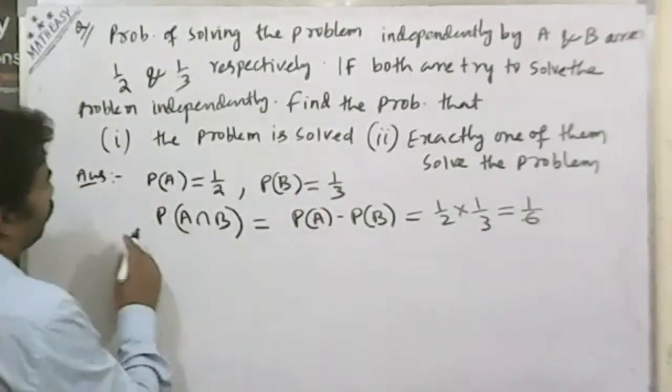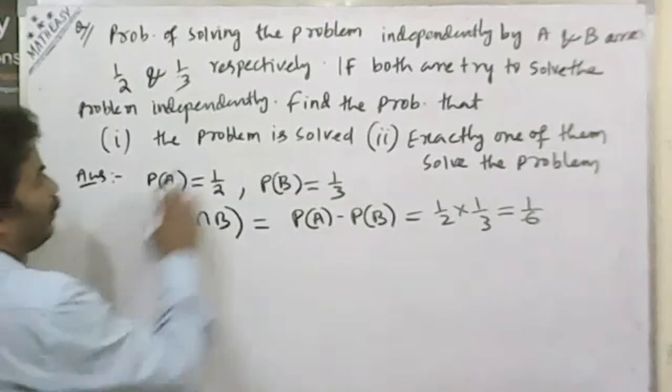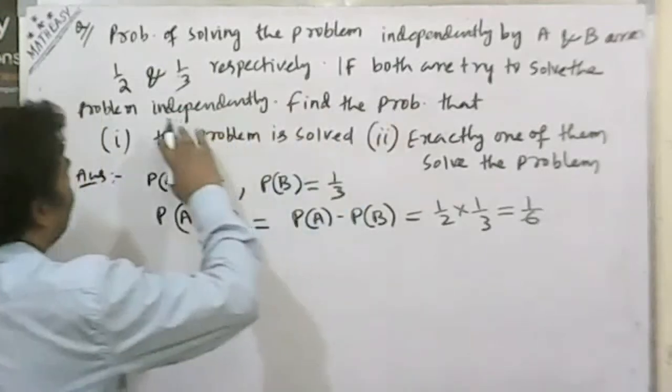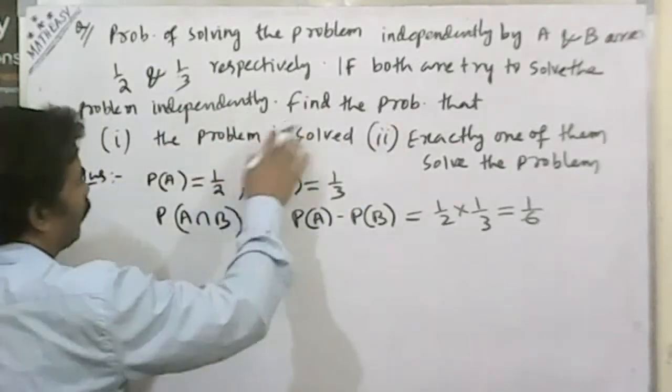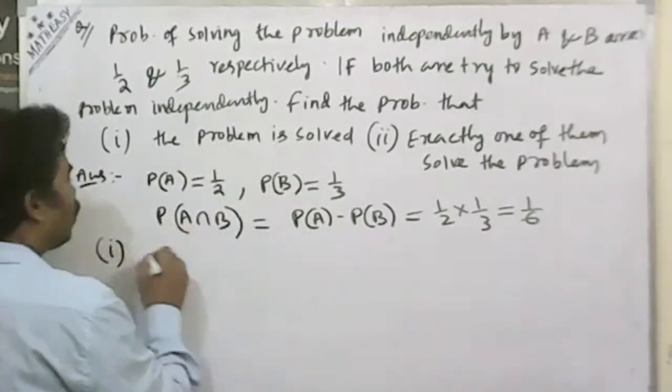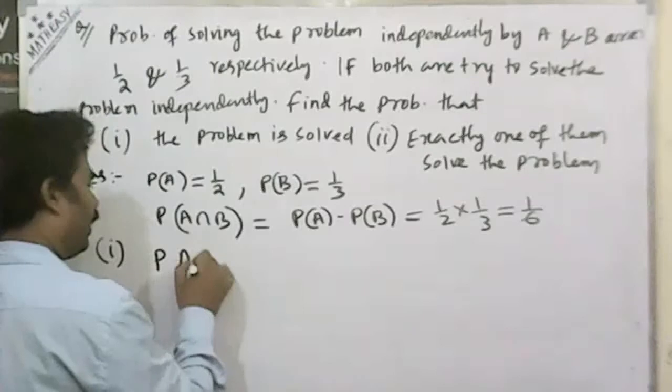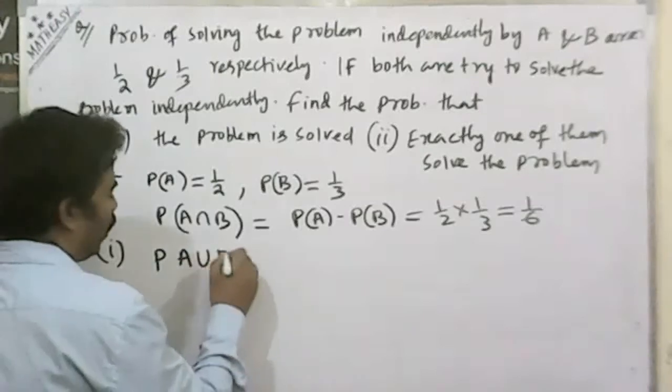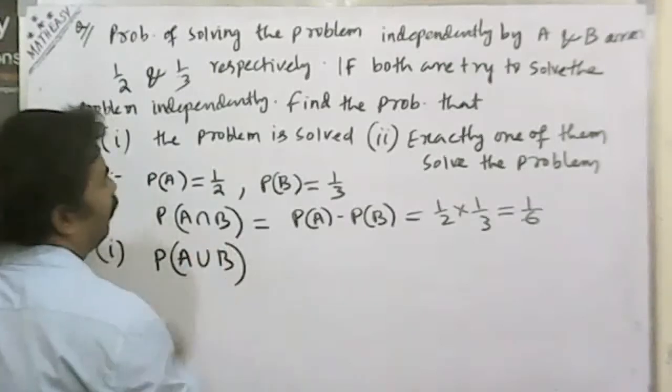Now, the question: if both try to solve the problem independently, find the probability that the problem is solved. Problem is solved means either A can solve the problem or B can solve the problem.